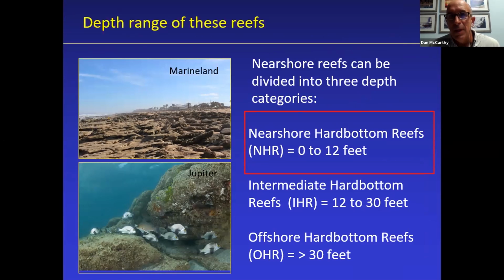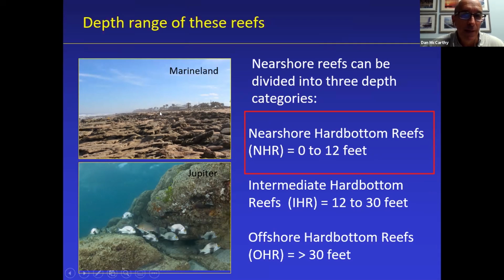Okay. So to be clear about what we're referring to when we're referring to nearshore reefs, you can divide the reefs that occur along the East Coast into the following categories, okay? So you have Nearshore Hardbottom Reef, or NHR, which is from 0 to 12 feet. And that includes the intertidal zone too.